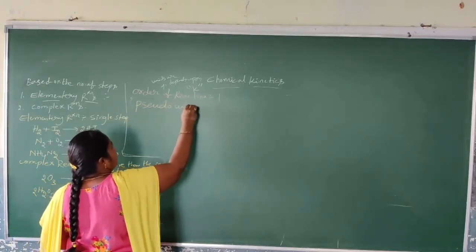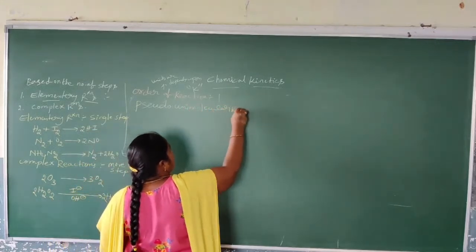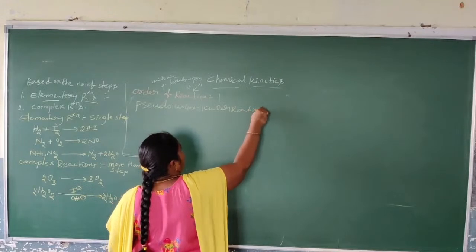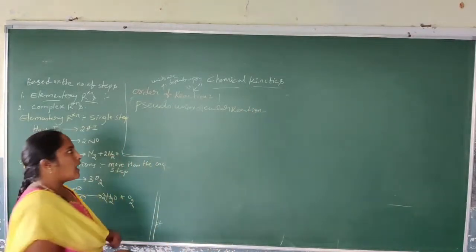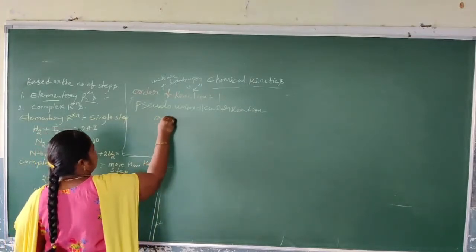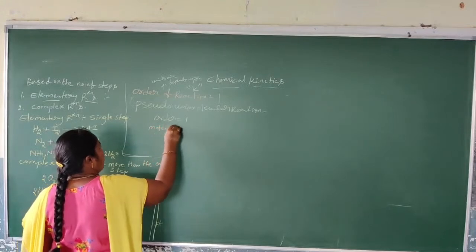Pseudo unimolecular reaction means the order of reaction is 1, but the molecularity is 2.